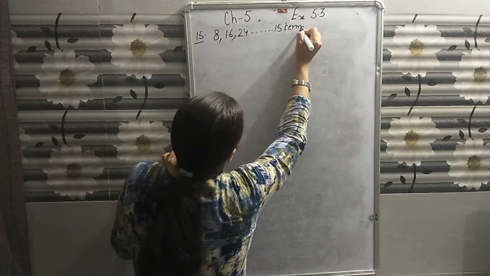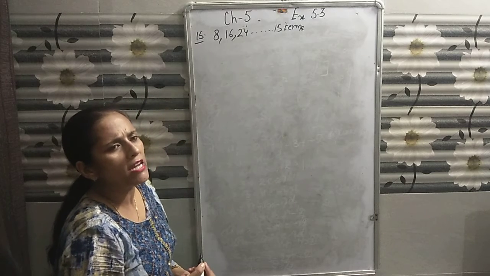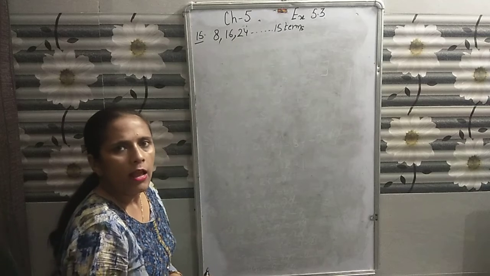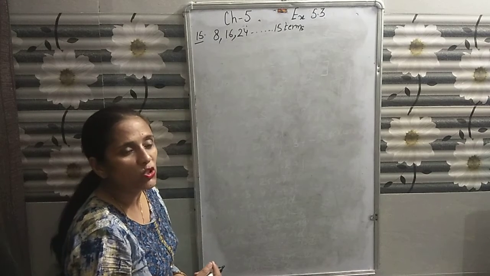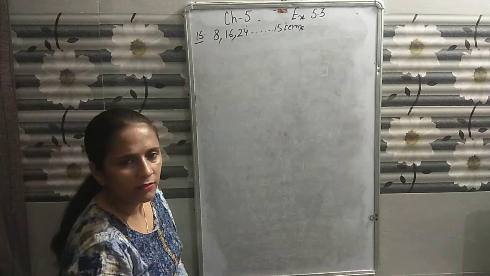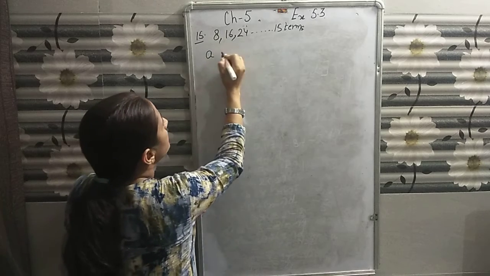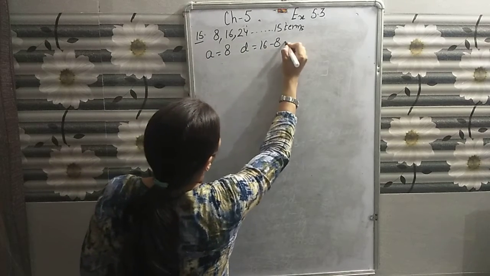So first of all, I can either apply the formula, that is sum is equal to n by 2, 2a plus n minus 1 d, or I can also apply the formula Sn is equal to n by 2, a plus l. So here I am doing with the second method, that is n by 2, a plus l. Here a is 8, d is 16 minus 8, that is 8.